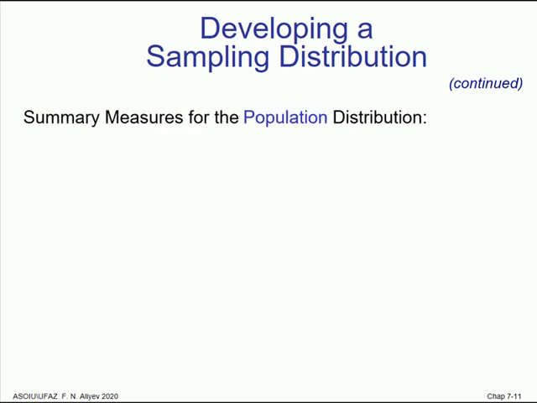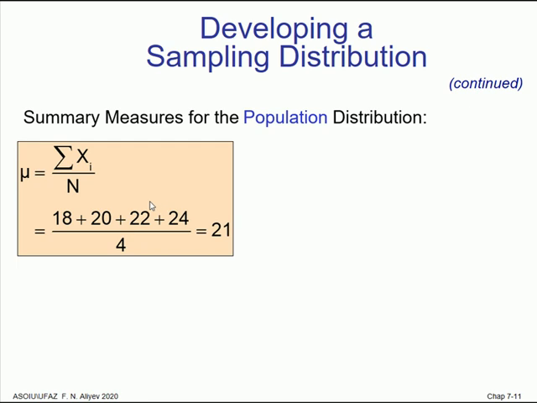Now we will calculate the measures of the population, and after that the measures of the sampling distribution, and then we will compare them. Let's start finding the measures of the population. First, mean. Population mean we denote by the Greek letter mu, equal to the sum of the ages of these 4 people divided by their number. It's 21.